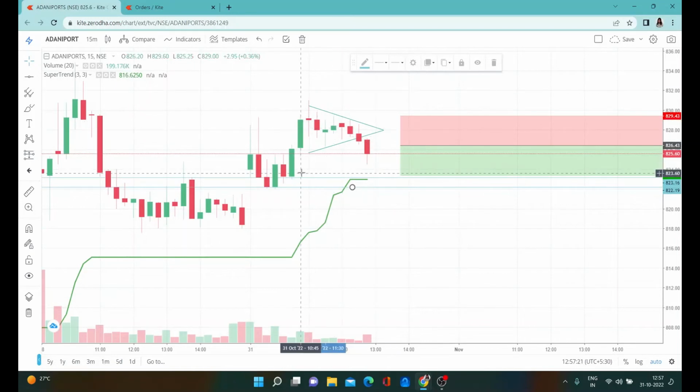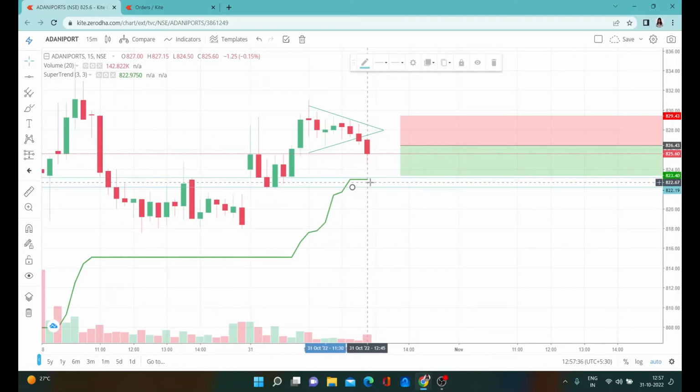Since it broke the triangle pattern in a downward fashion, there are good chances for it to hit this level of 823.4.